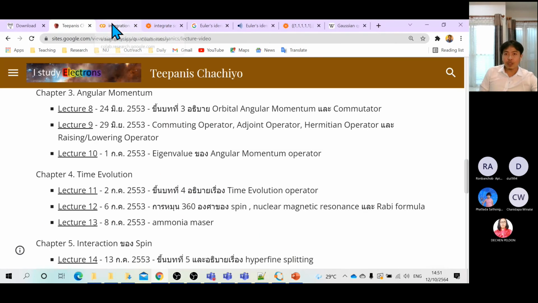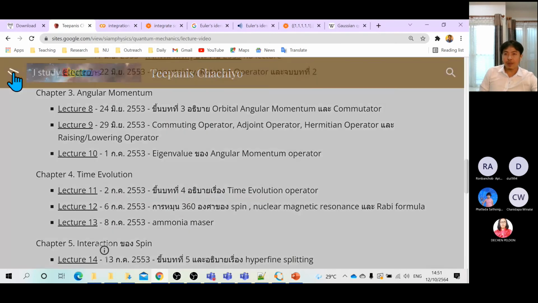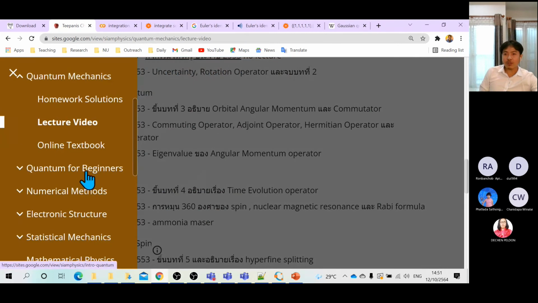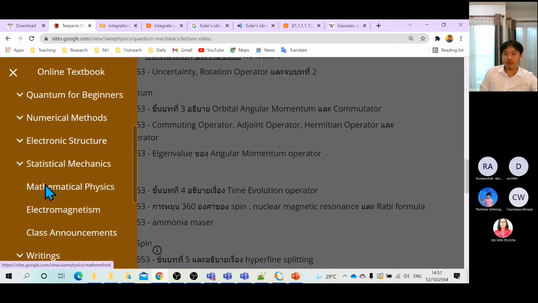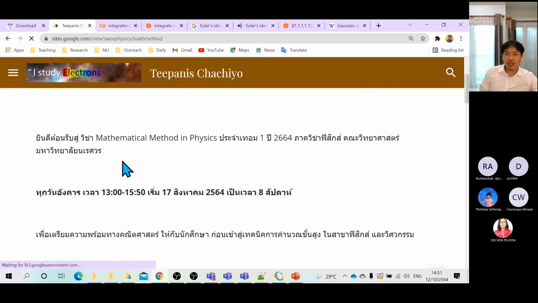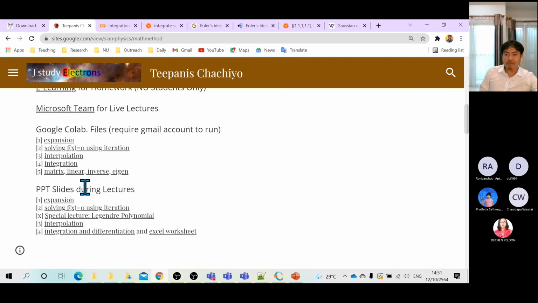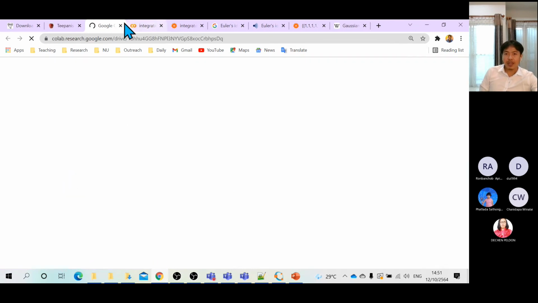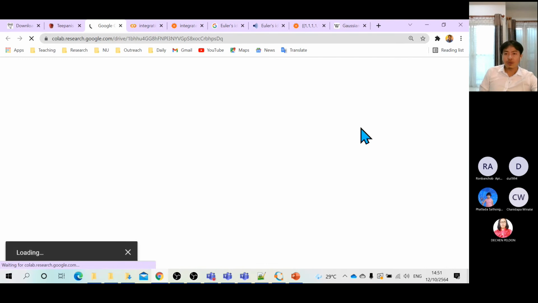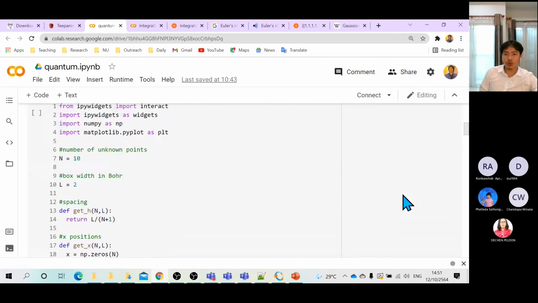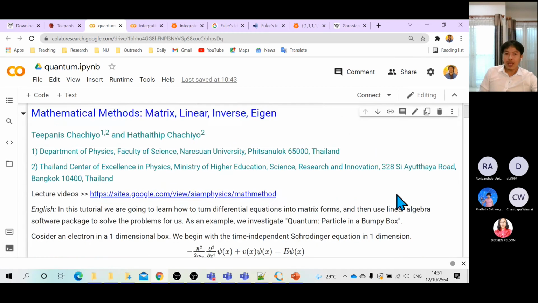Again, you simply go to the class website, Mathematical Methods for Physics, and then click on Matrix, Linear, Inverse, and Eigen. Click that. You go to this Google Colaboratory.